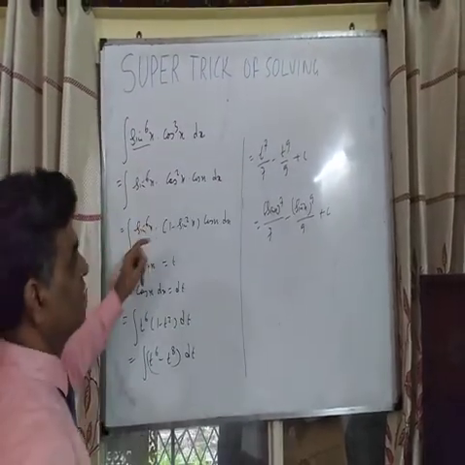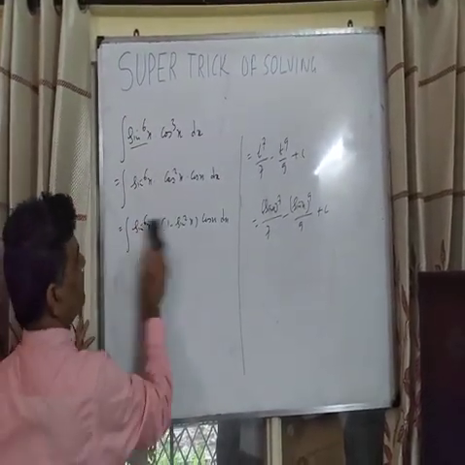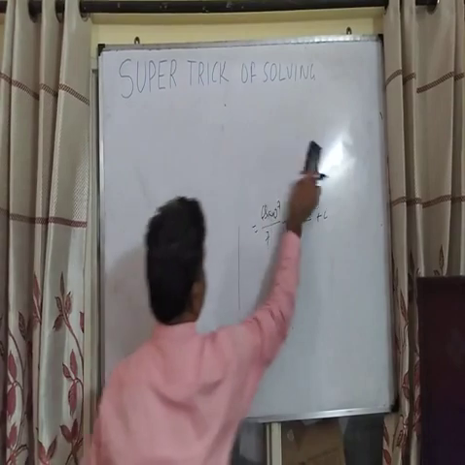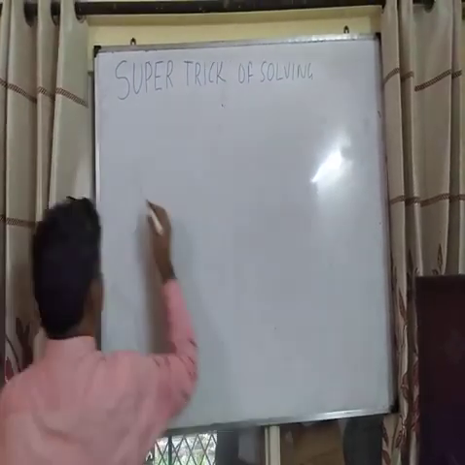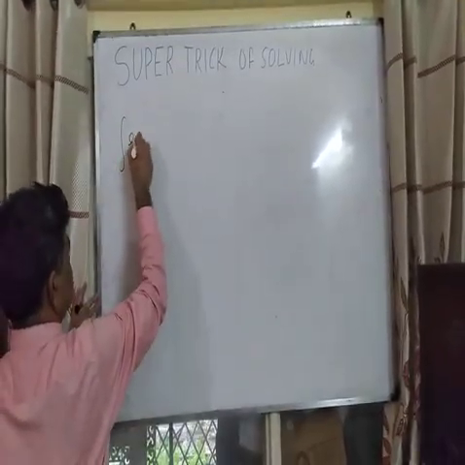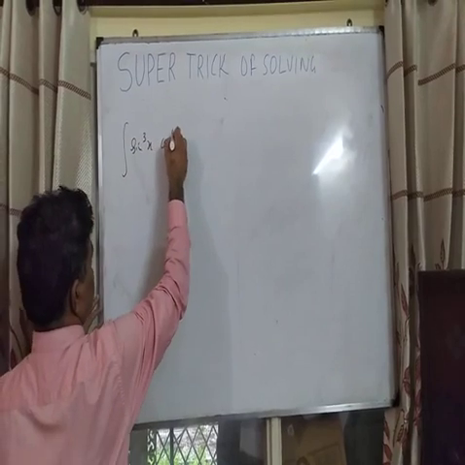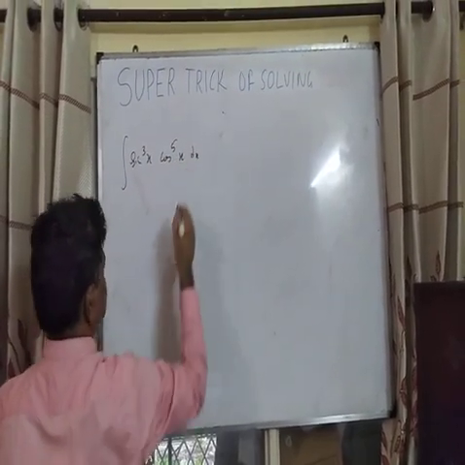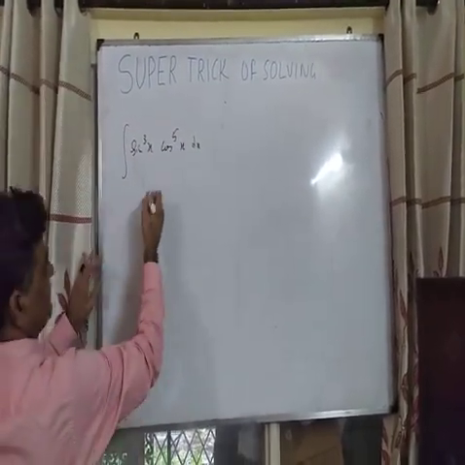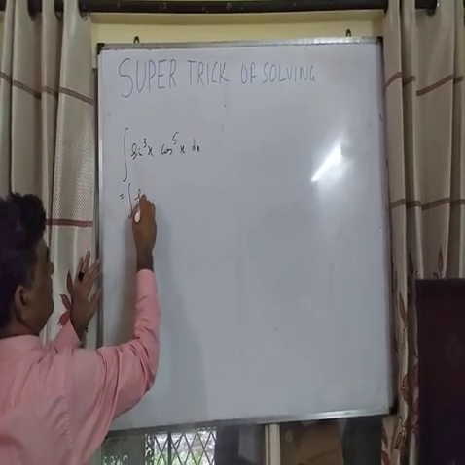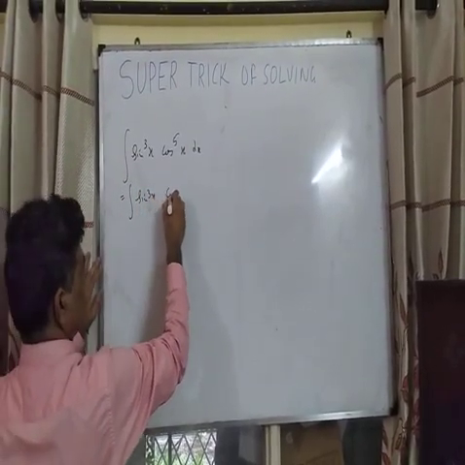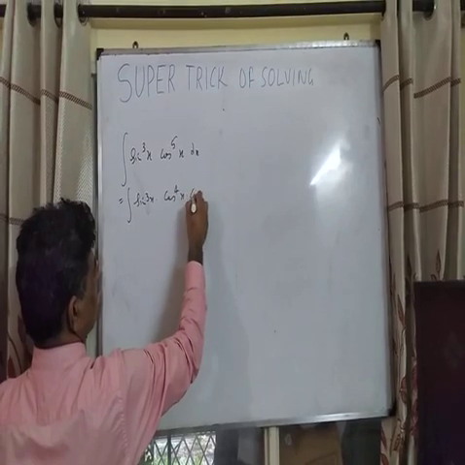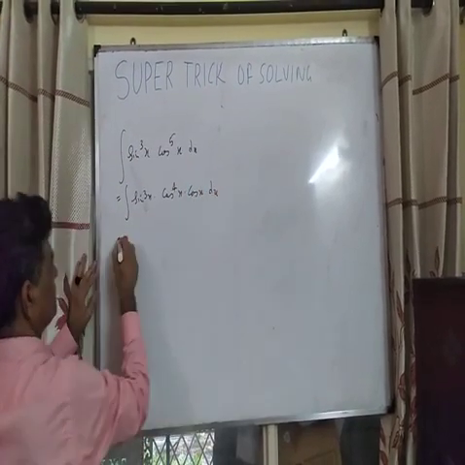When both the powers are odd, say for sin to the power 3x and cos to the power 5x dx, you can take either one as t. Say sin cube x cos to the power 4x into cos x dx.